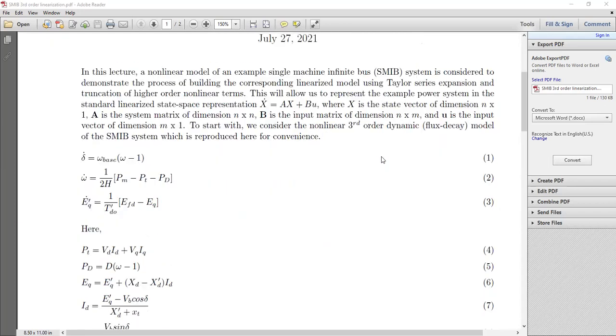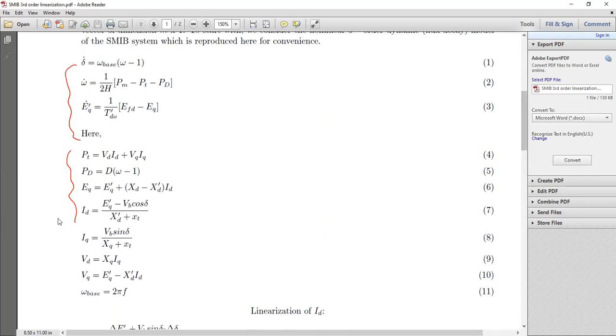The PDF. Okay. So the top part is actually what I have already discussed. We have said that we have the third order model with this set of equations, that is PT equals VD ID plus VQ IQ, and ID and IQ I actually didn't remember, so there you will get the expressions.